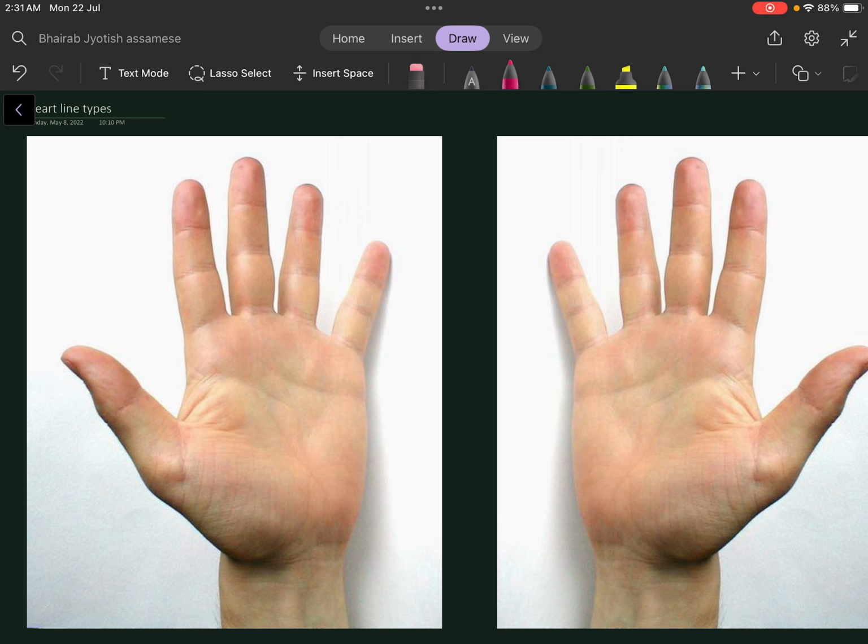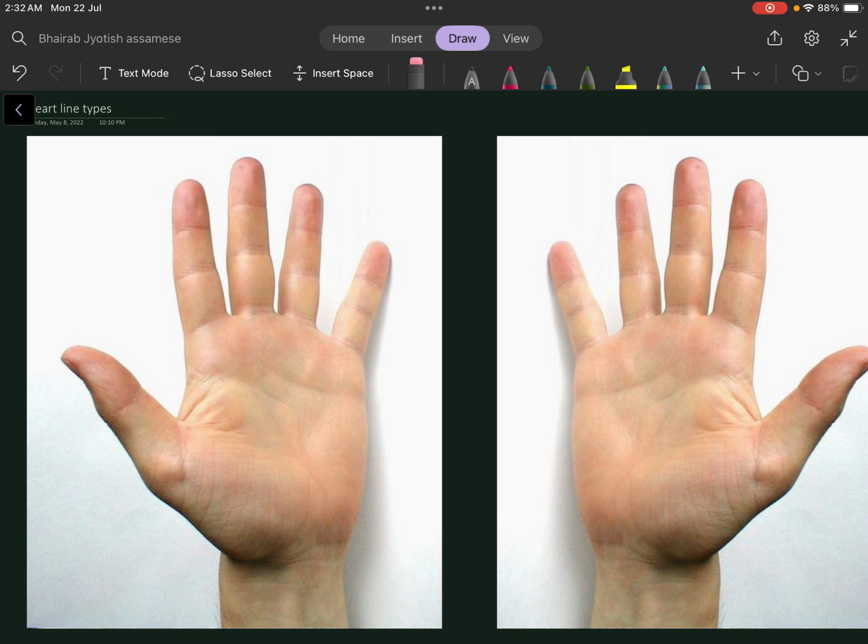So here I have shown two palms. On the left hand side we have the left hand and on the right hand side we have the right hand. We will not consider the different types of hands here, but I will explain in brief that whenever we consider the left hand, we assume that it represents whatever you have got from your luck, from your family, from your ancestors.